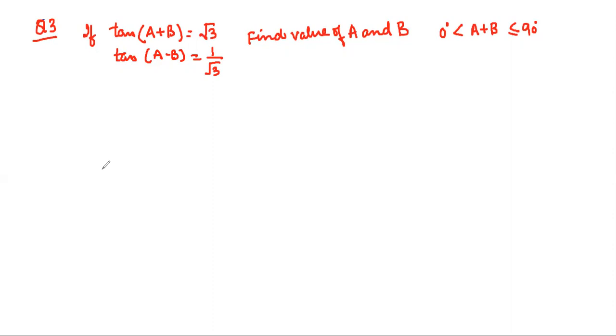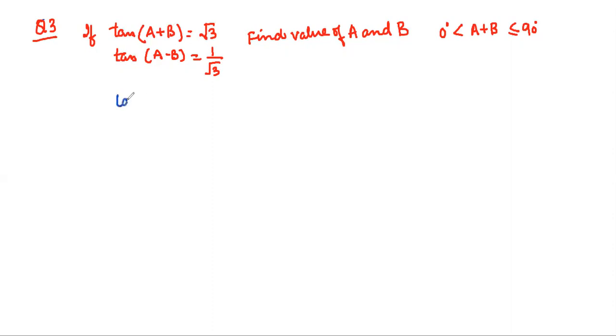Again, to solve such question, we must remember the values. Since in left hand side, the given statement is in the form of tan, so you have to convert this side also in terms of tan.